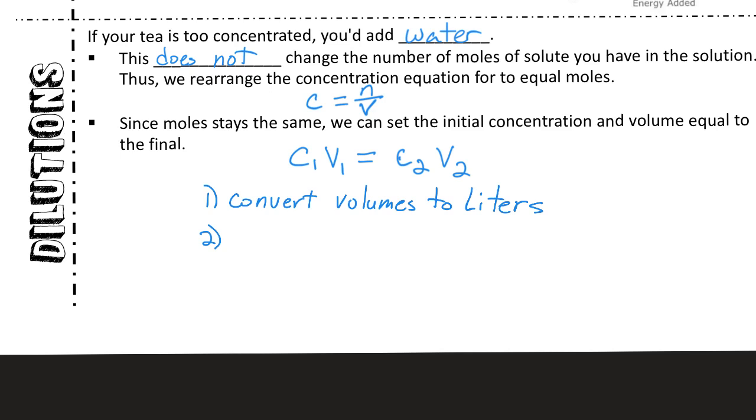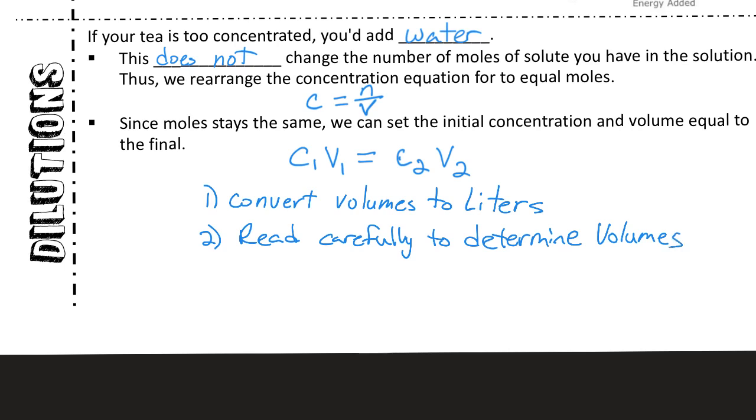The second step is read carefully to determine volumes. So this would be V1 and V2.